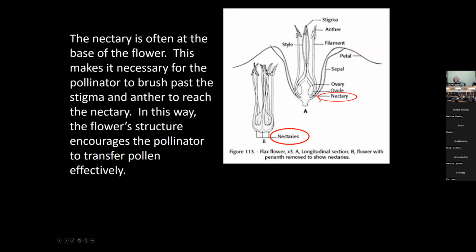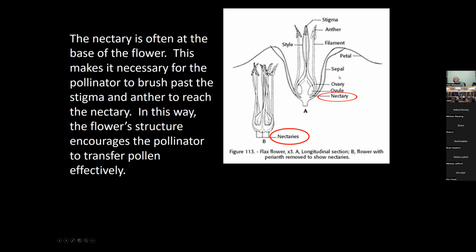And a cross section of a flower, this is sort of a typical flower. I imagine it's maybe an apple blossom. And of course, you've got the green sepal and the petal, and the reproductive parts. The stigma, which is the female part, the anther is the male part. And way down at the bottom is the nectary, where the sweet liquid is produced by the plant.